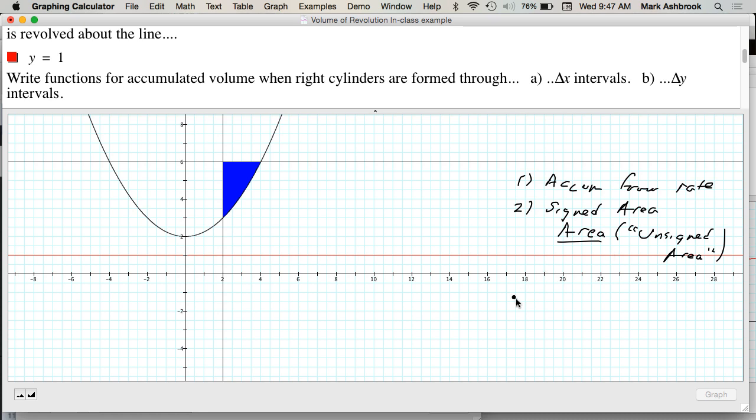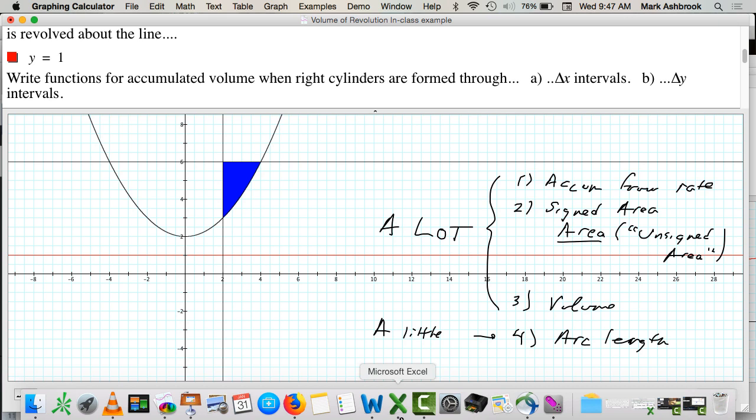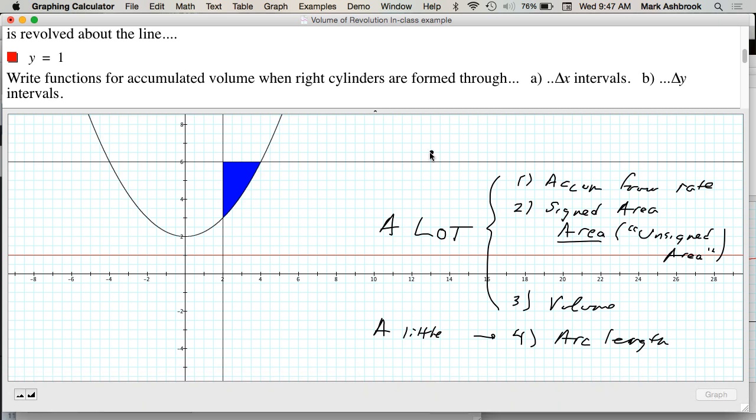And then we've spent a lot of time on volume. And then today we're going to start arc length. And so this is the major emphasis, just a little bit on that. A lot on 1 through 3, a little on number 4.